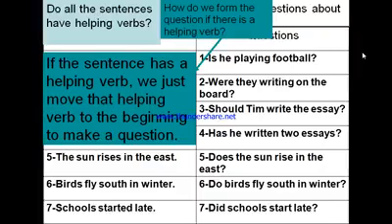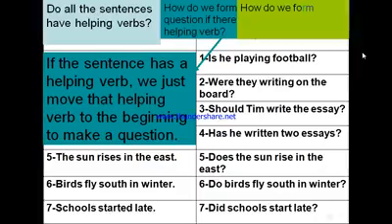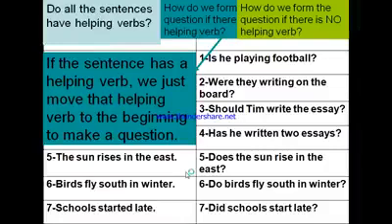What about the other sentences? As you notice here, we introduced the words does, do, and did. Because in English, if the sentence has no helping verb and we need to change it to a question form, we need a helping verb.